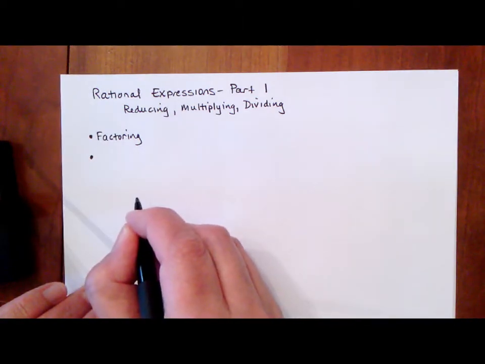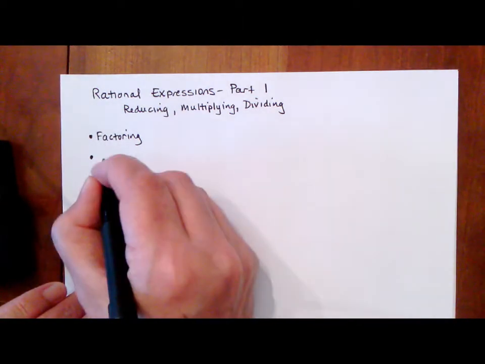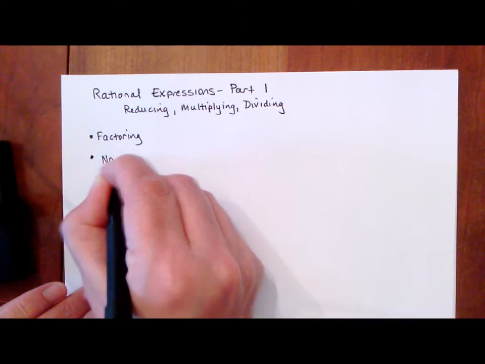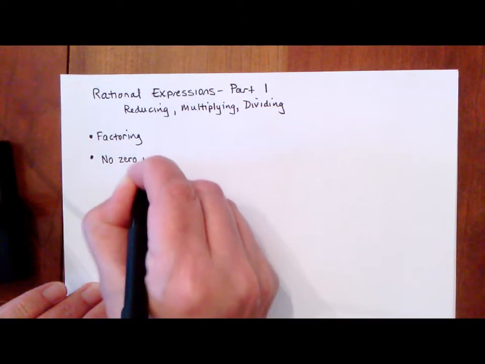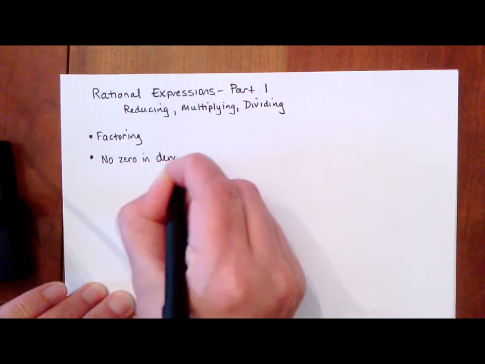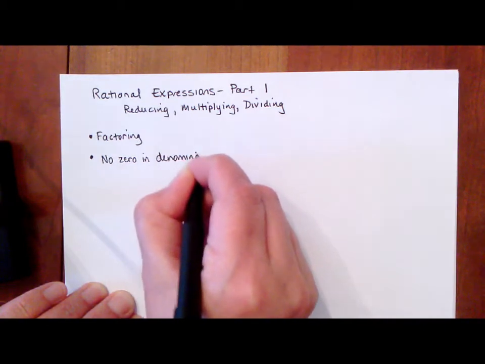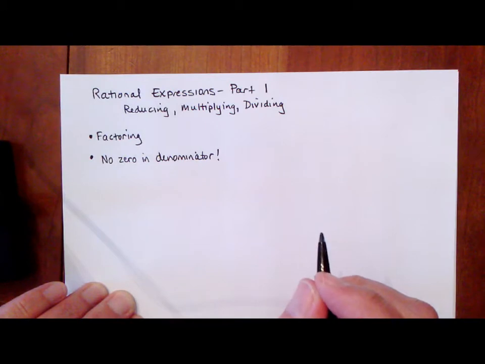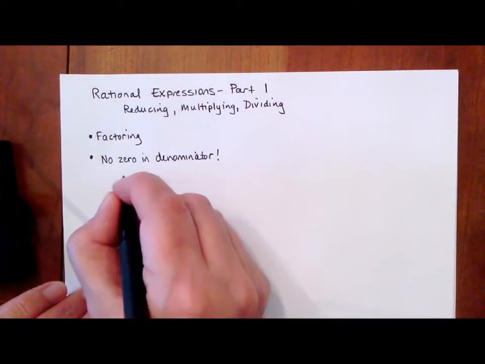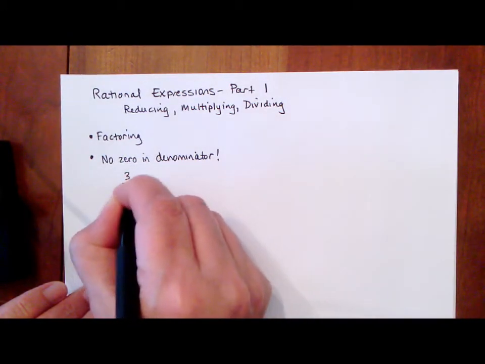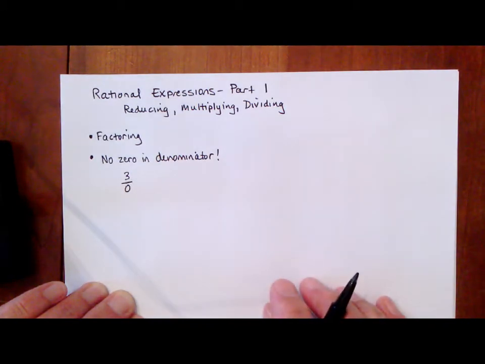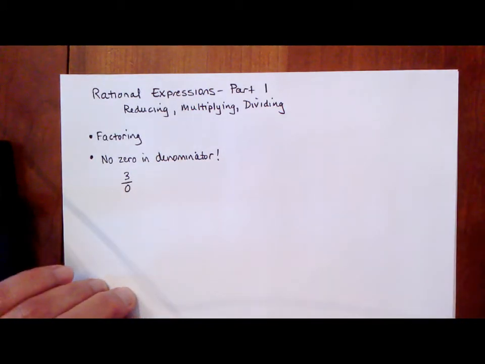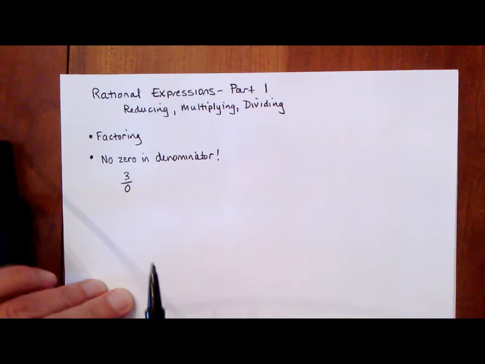When we have numerical fractions, you may recall that we can never have a 0 in the denominator. And that's going to be true for algebraic fractions as well, but it might not be as obvious when we have a potential problem. Whereas in a numerical fraction, it's easy to see, oh, there's a problem, I'm not allowed to have that 0 down there.